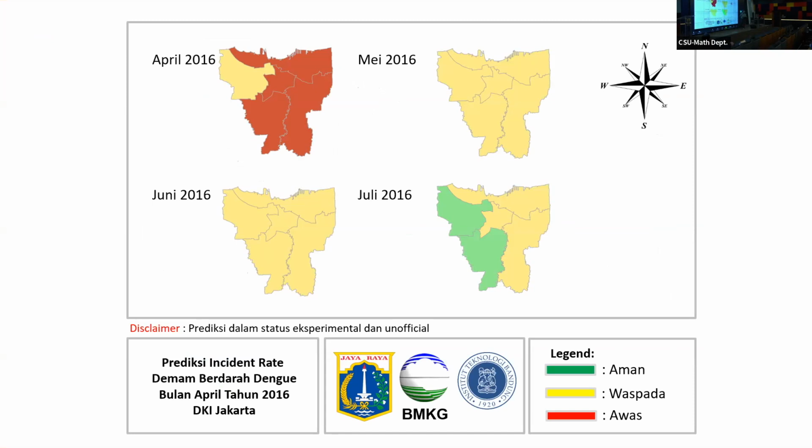We have two kinds of maps, one for relative humidity and the second for dengue incidence. So the stakeholder should read both maps and then let them decide.